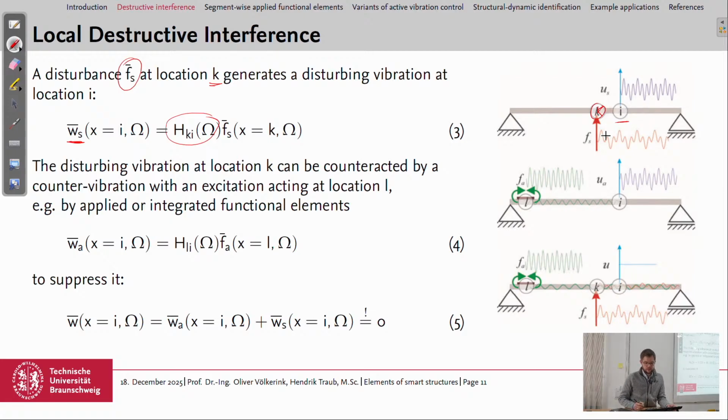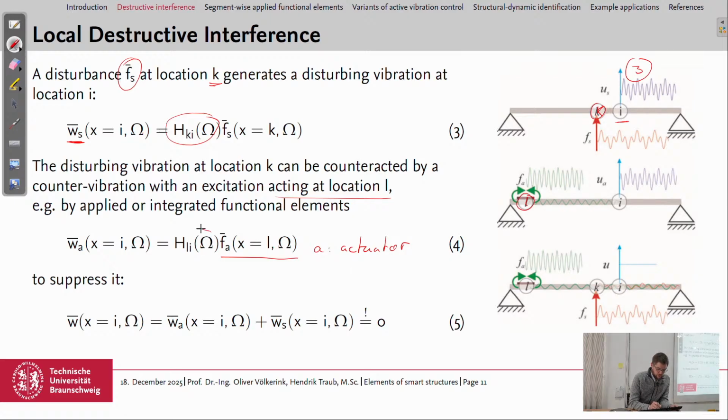So this function 3 would describe this signal here, and we can counteract it by a counter vibration with an excitation acting at location L. So we would have an actuator here, which also has a function, or we can also describe this excitation with this function Fa, a now for actuator.